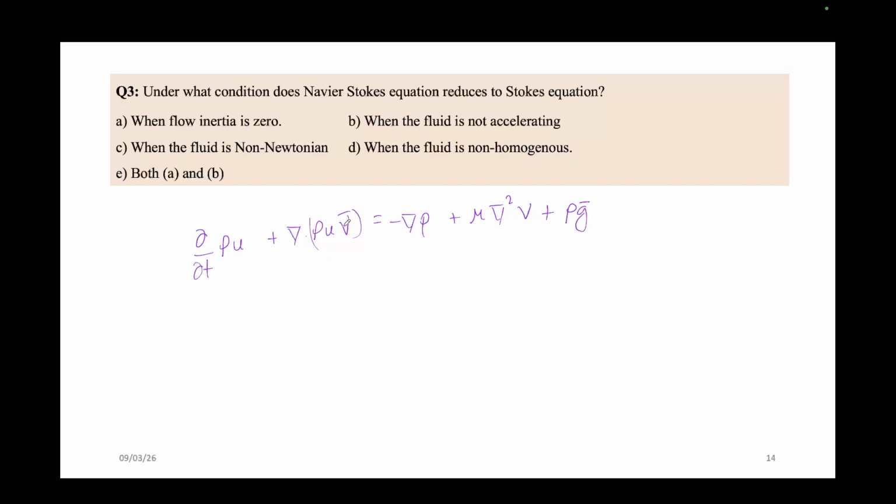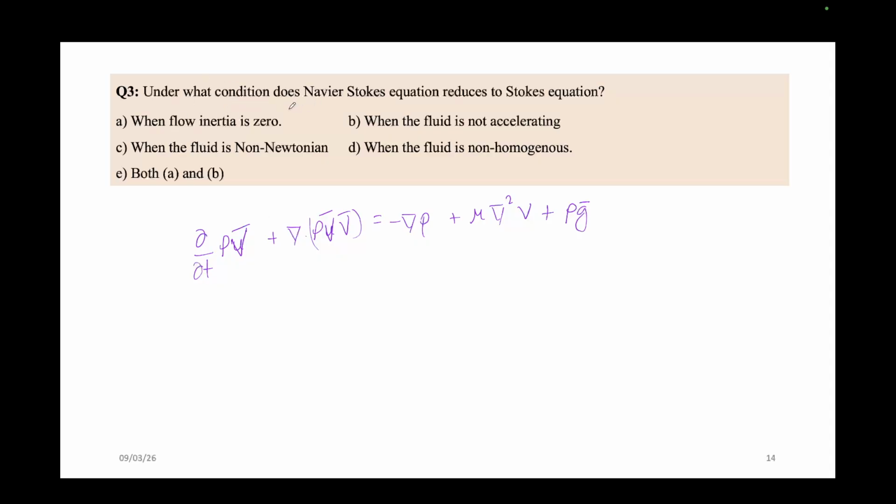Okay. So I am doing one thing: I just write it in vector form. I just convert all this into V. Okay, this is the form of the equation. So this is your Navier-Stokes equation.